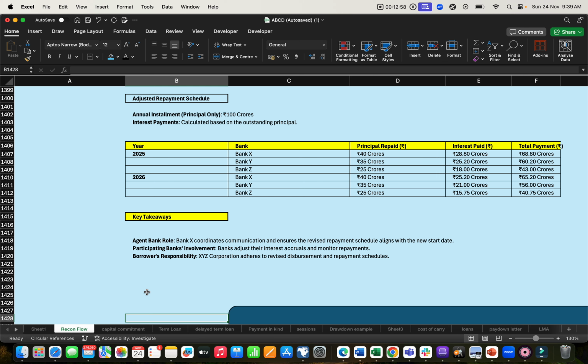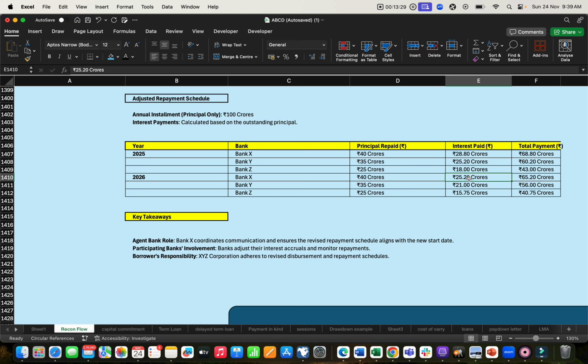If you take this table, for year 2025, XYZ bank principal, the first year it will disburse 100 crore, according to the shares of 40%, 35% and 25%. The interest payment is also disbursed according to the percentage they have invested in the total payment they receive. Next year the principal will be the same, because he requires 100 crore every year, but the interest will be reduced.